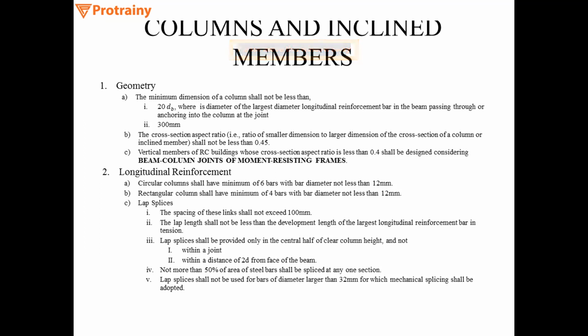So from here you can conclude that 12 mm is the minimum bar diameter which needs to be considered in a column. If you use 10 mm bar diameter, that is not permitted as per the IS codes.